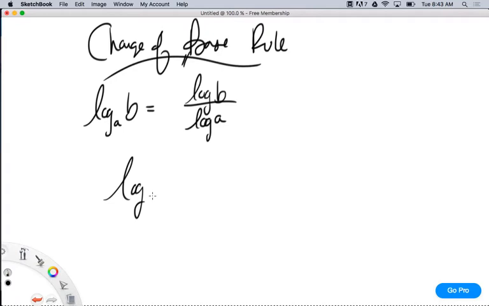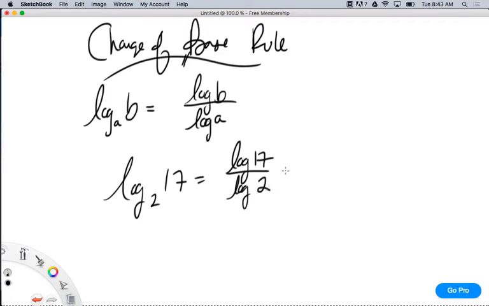So, like if I have log base 2 of 17, that's just the log of 17 over the log of 2. Okay? You just do that in your calculator, you're done. No big deal. Okay? Anybody have questions on this kind of thing?